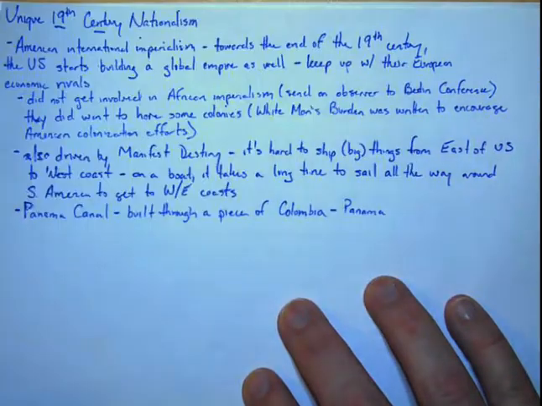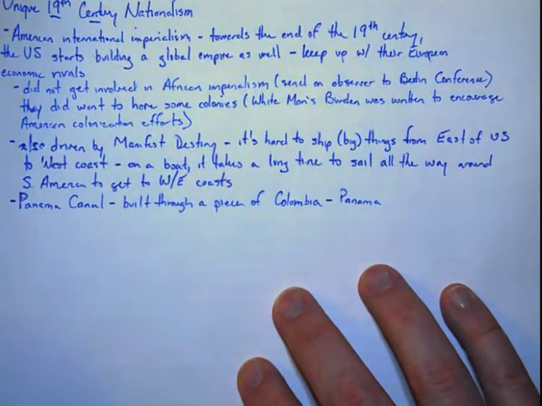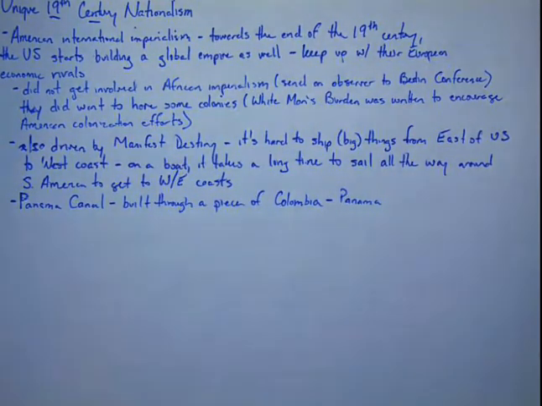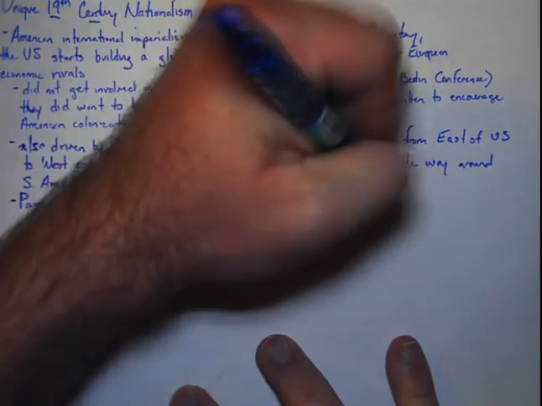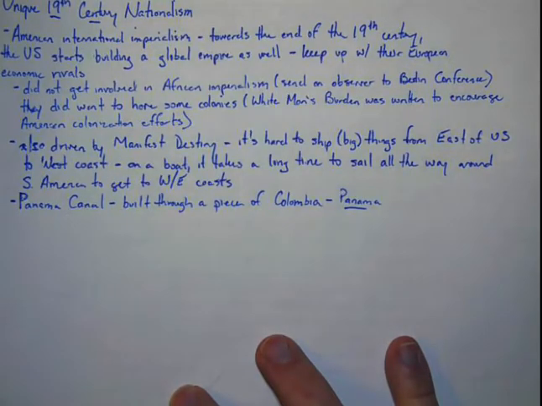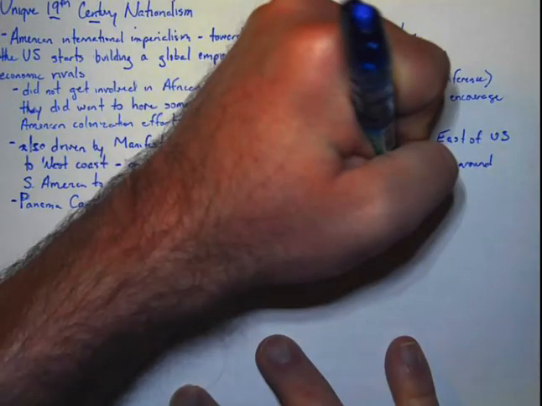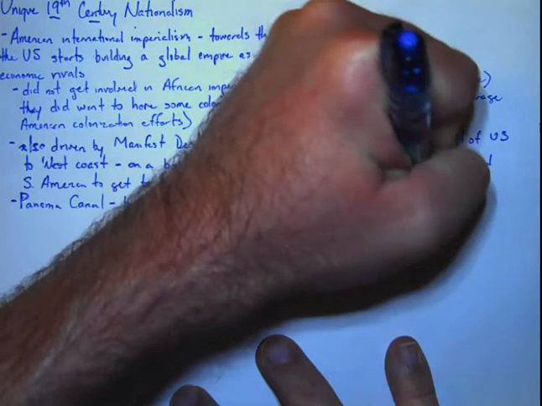So Panama was a province of Colombia, and the Americans asked the Colombians if they could build a canal through their region, their province of Panama. And the Colombians said no.